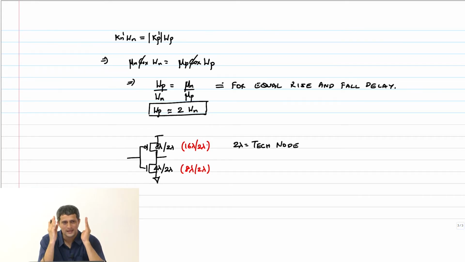But in a technology, they will find out what that minimum width is, that you can successfully manufacture across devices, across wafers, and consistently give you the same current and same manufactured width. Then based on that, you will size the other one to be twice that. So nothing sacrosanct about 4 lambda. Clear?